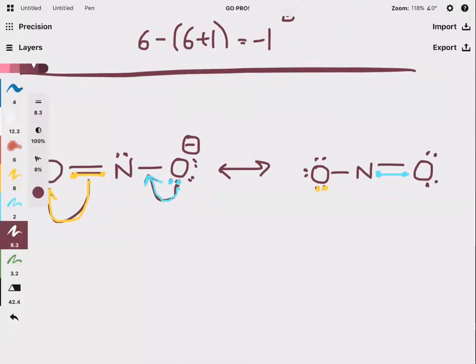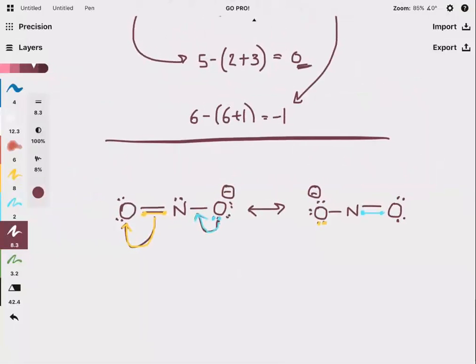And now our negative charge is on the left oxygen. So there's our two, and we can't draw a third resonance structure. We're out of atoms. There's nothing else to do. So these are our two resonance structures. And when we've drawn them out, you just put brackets around everything.